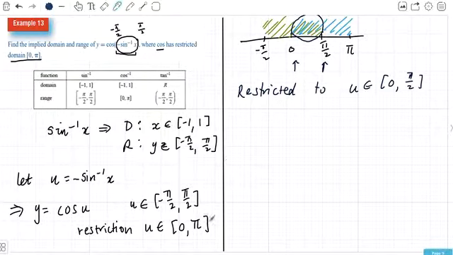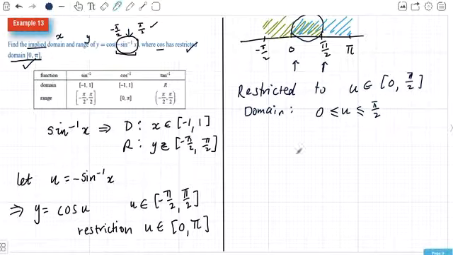That's just an interaction between the two things: the restricted domain that we were given, and the actual values restricted by the fact that we have an inverse sine, which is limited in the values it can be. Once we've got what u is, we can now find our domain, because the question's asking for an implied domain, so it's interested in x, and it's also interested in y for the range. For the domain, let's put u first. We know u has to be between 0 and pi on 2.